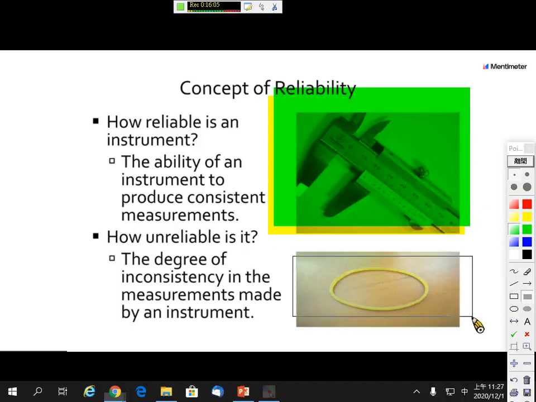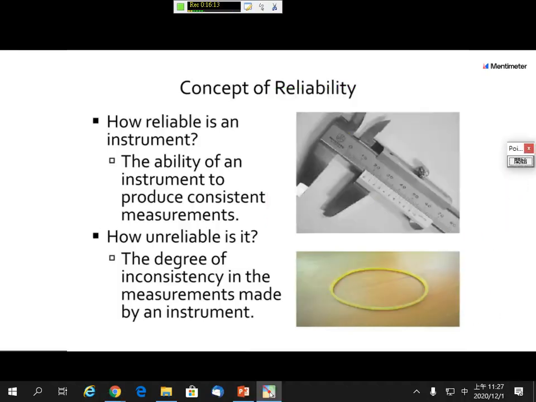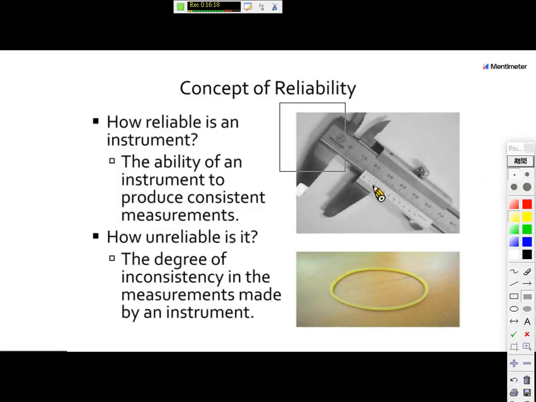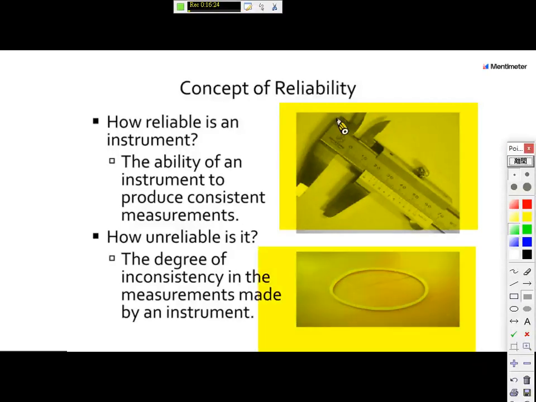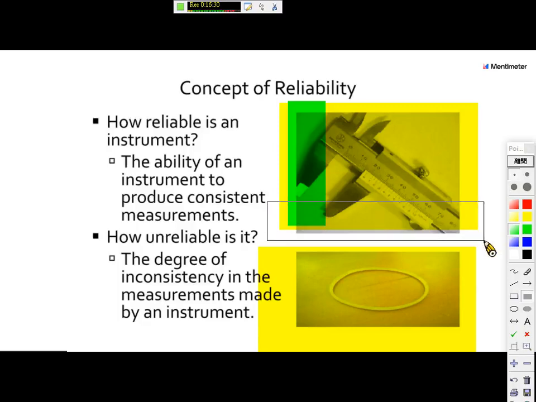And this one is not, because of the elastic nature of the rubber band. The other characteristic is that one can provide consistent measurement and the other cannot. So internally, this one is more precise. Externally, this one can provide more consistent measurements every time you take the measure.